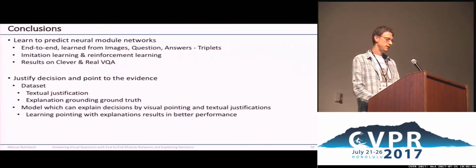And for justifying decisions and pointing to the evidence, we collected a data set. Our model can explain decisions by pointing and by giving a textual justification. And interestingly, when you learn the pointing with textual explanations, that results in better pointing performance than the normal attention model.